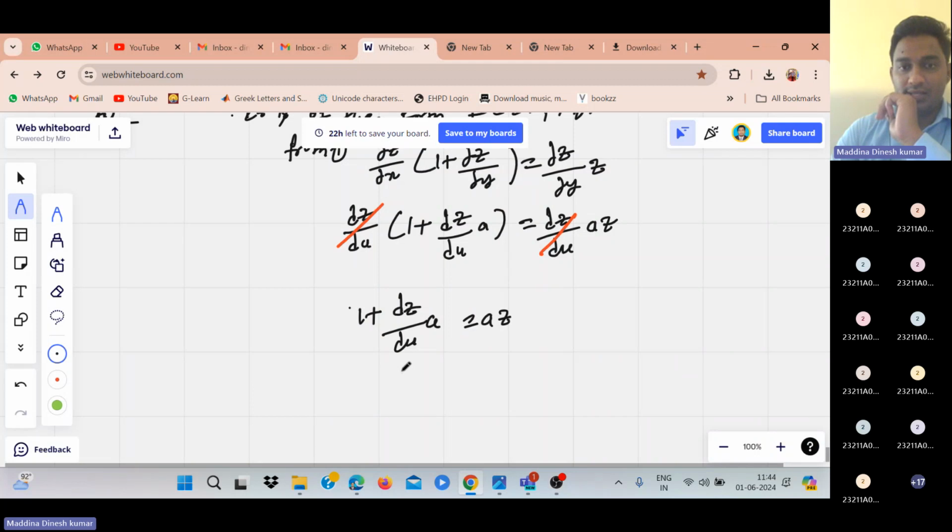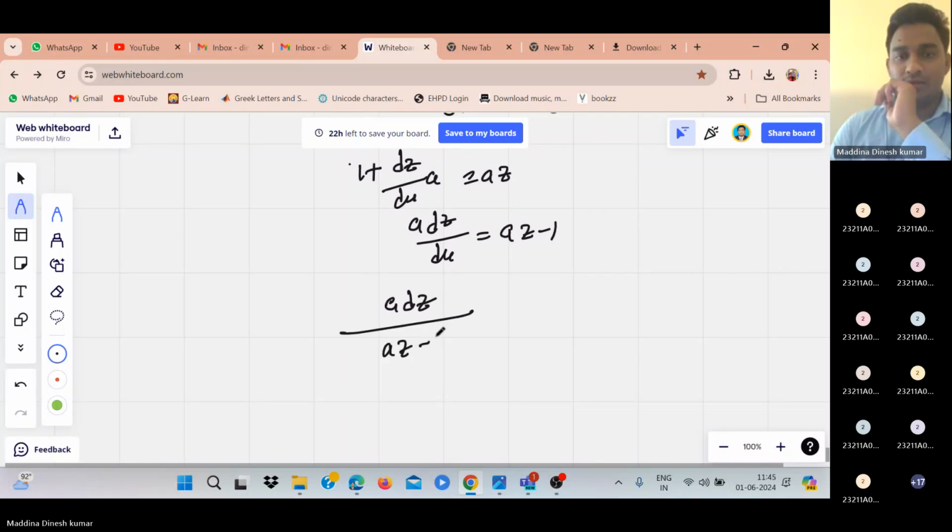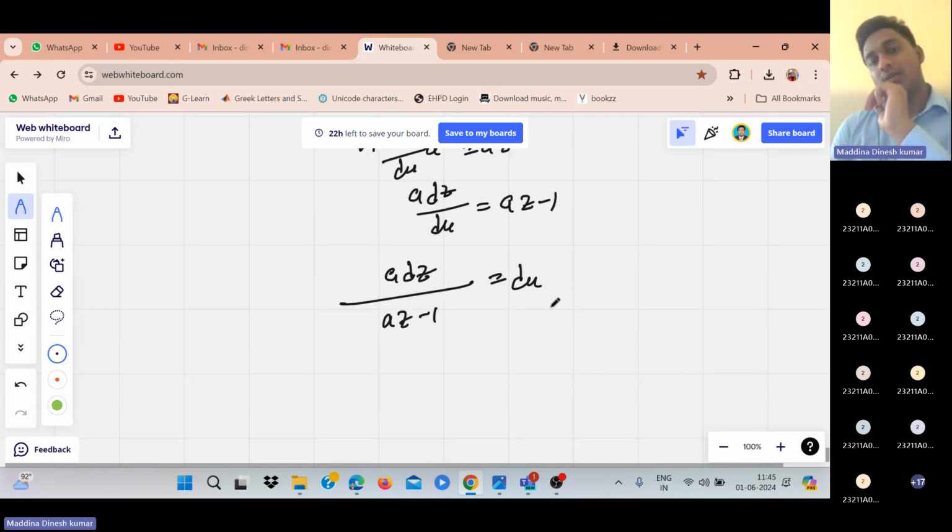Next you will get a dz by du equal to az minus 1. Now I am going to transfer like variable separable, all z terms to one side and all u terms to one side. So here we will get a dz by az minus 1 equal to du.